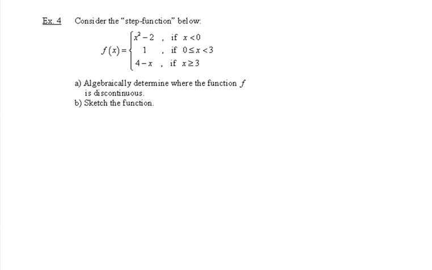When x is less than 0, it's the equation y equals x squared minus 2. When it's between 0 and 3, it's the equation y equals 1. And when it's greater than 3, it's the equation y equals 4 minus x. That's what a piecewise function is.